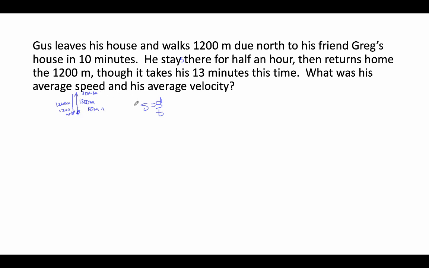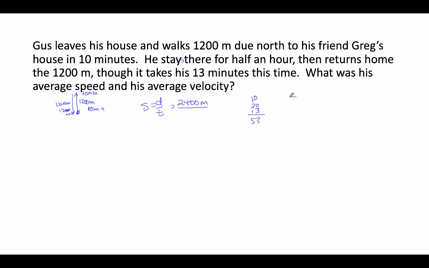So average speed is distance divided by time. Well, what were his distances? He went 1,200 meters and then came back 1,200 meters. And so that's 2,400 meters. So it took him 10 minutes, and then he stopped for 30 minutes, and then it took him 13 minutes, which is 53 minutes.